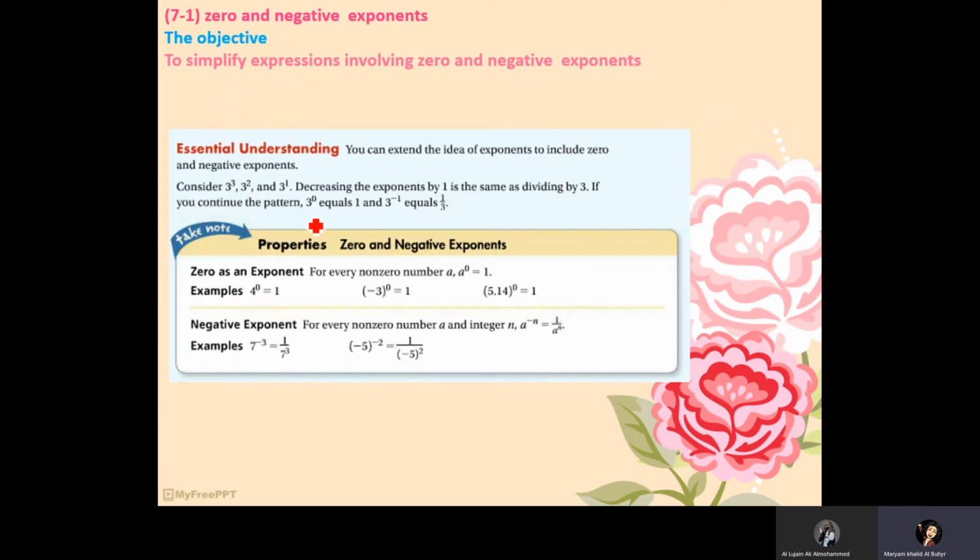Here, if you have anything to the power 0, you are going to say directly 1. If you raise any number to the power 0, directly it's 1. So what I said in my previous example, 2 to the power 0, it's 1. It's very easy. X to the power 0 is 1.